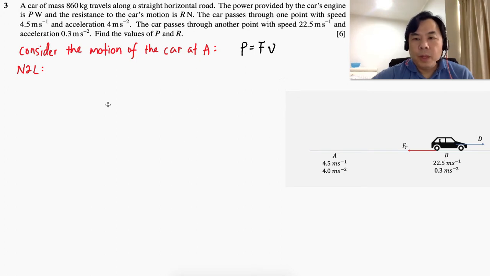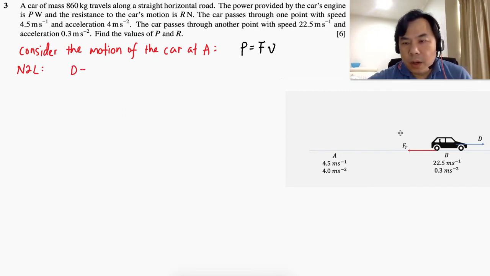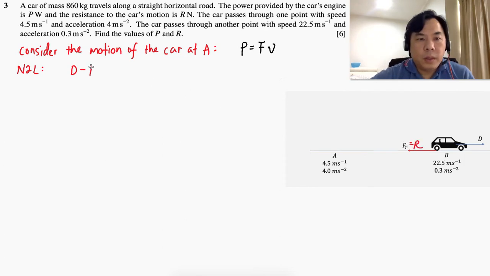We have the driving force, subtract the resistive force, which I labelled Fr, so that is D minus R, and it produces a certain acceleration, ma.